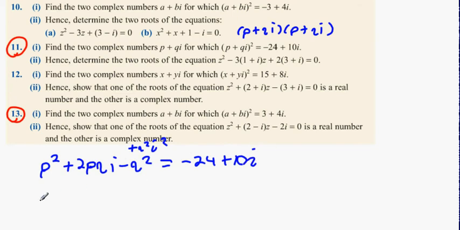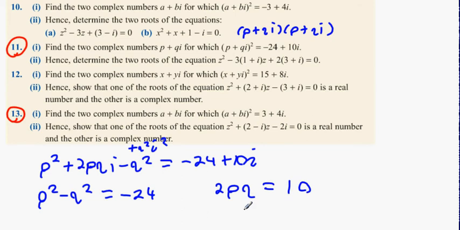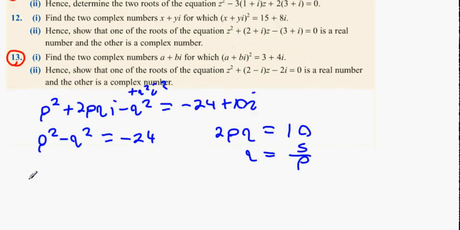Then you just run through your system where p squared minus q squared is the real part, and that equals minus 24, and 2pq equals 10. Therefore q equals 5 over p. Substitute the 5 over p into the quadratic equation, so you get p squared minus (5 over p) squared equals minus 24.